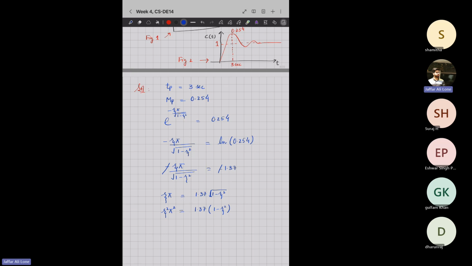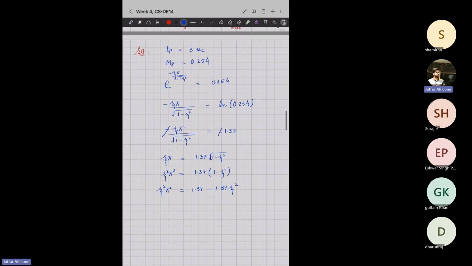Now what you need to find is zeta square. I'm doing this calculation in detail because it is a bit tricky sometimes, and students make mistakes here. So now I'll just simplify this.